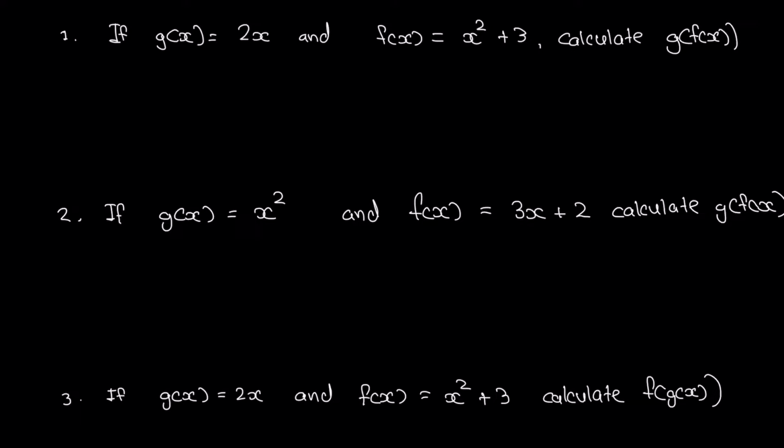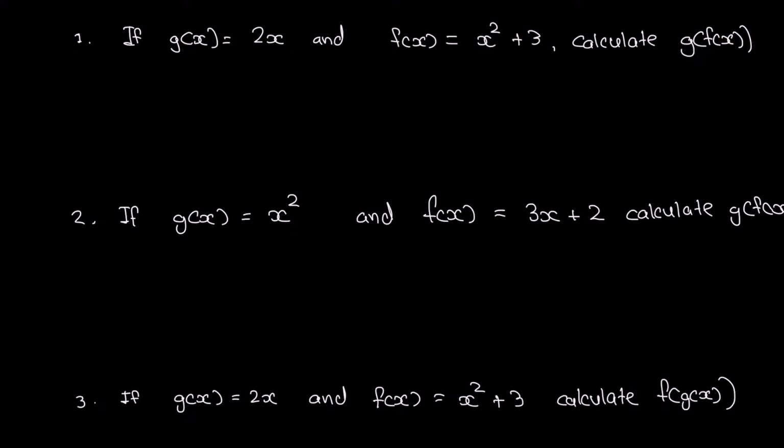The first question: if g of x is equal to 2x and f of x is equal to x squared plus 3, it asks us to calculate g of f of x. Remember, for g of f of x, we put g on the outside and f of x on the inside. So we take this f of x function and plug it inside this bracket. It's as simple as that.